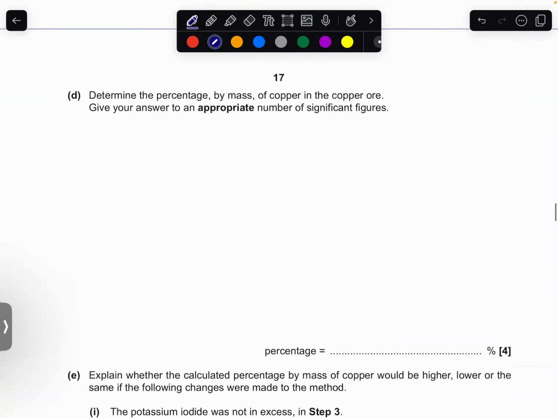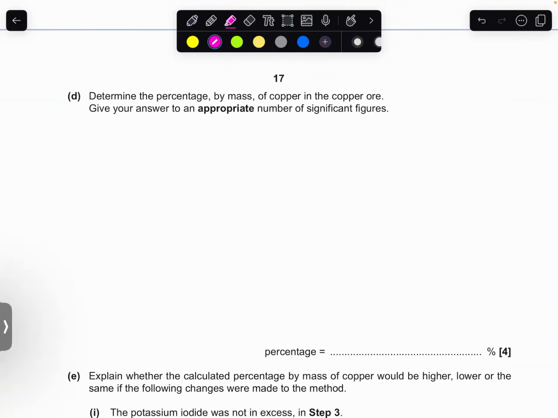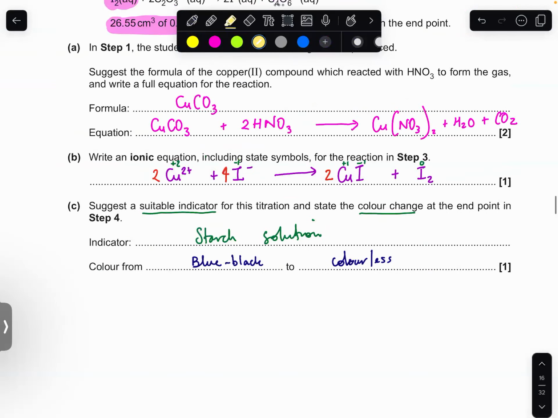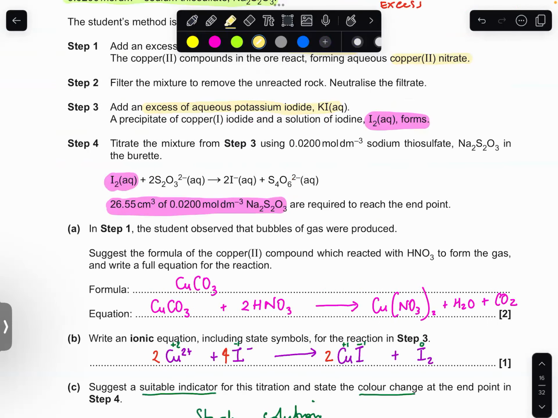It's then asking us to determine the percentage by mass of the copper ore. Give your answer to an appropriate number of significant figures. Let's have a look. So here, we've got our volume and concentration.